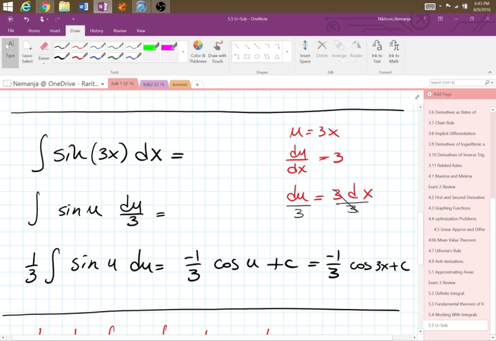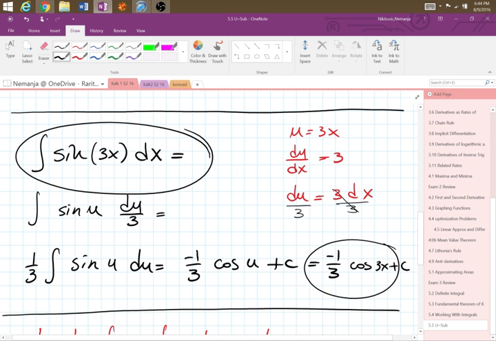I would say with confidence that 90 to 95% of your integrals in Calc 2 will use this to solve problems. And you'll be skipping steps, going from here directly there in one step because you'll be doing it so much.